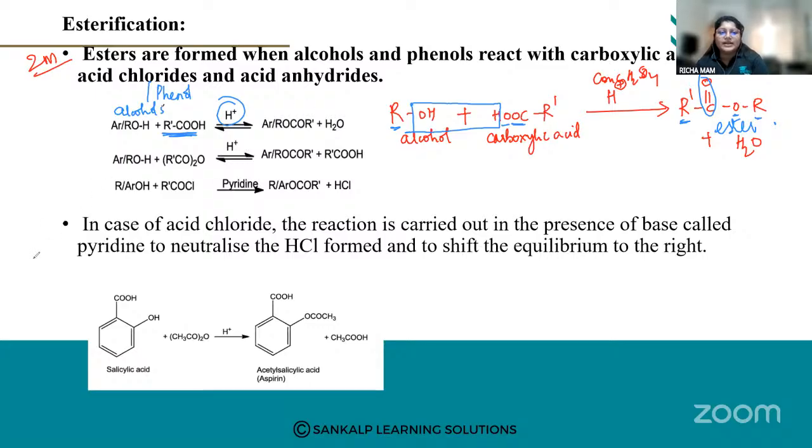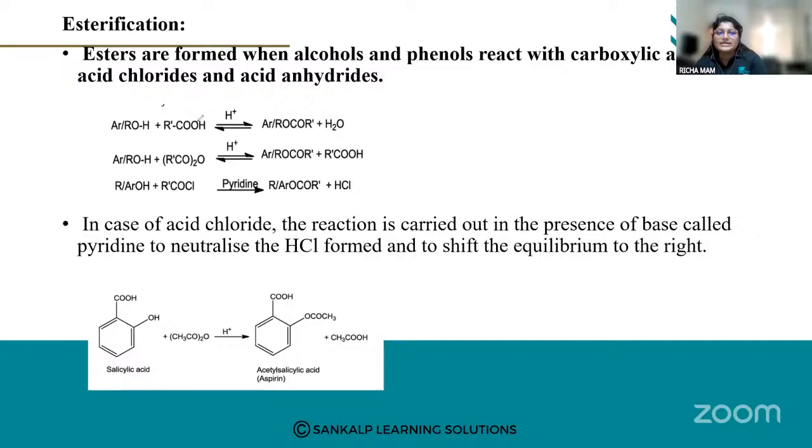Then secondly, we are going to see the preparation of ester with acid chlorides. Let me take an alcohol and react it with acetic anhydride in the presence of acid. So what am I going to get?